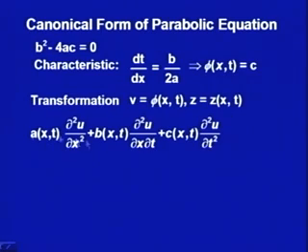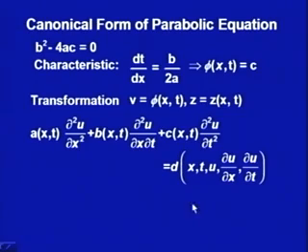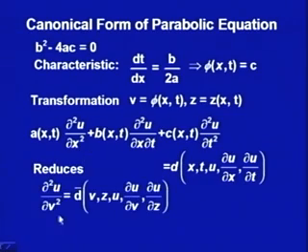If I introduce this transformation in the given equation, then it changes to del 2 u over del v 2 is equal to d bar, which is another function of v, z, u, del u over del v, del u over del z. That is, the principal part is being transformed.